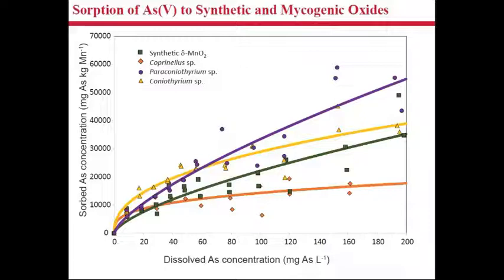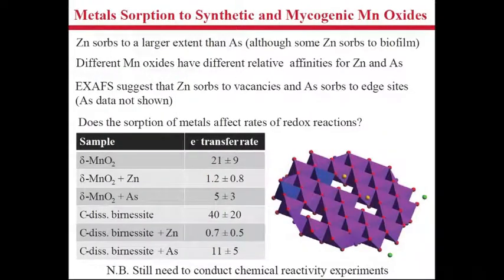So the order is different. That suggests that some of these different manganese oxides have different relative abundances of sites. Some may be bigger and have less edge, some may have more edge and fewer holes. So that's cool, that's great. They have different structures. The XAS data says they absorb at different sites, so that's good.